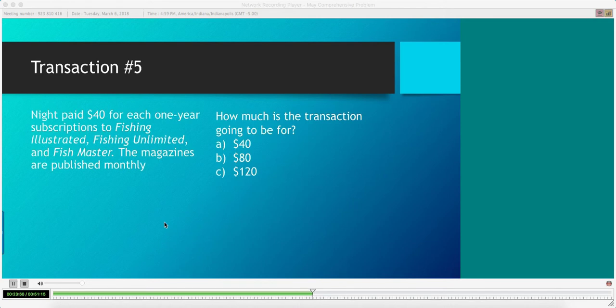When you're getting in a rush, if you're trying to do this last minute and you see $40, students usually use that as the amount. They're just quickly reading the transactions. They're not paying attention to what it actually says, and they use the $40 amount for the transaction. So you are exactly right. It's going to be 120 since you purchased 3 separate subscriptions.